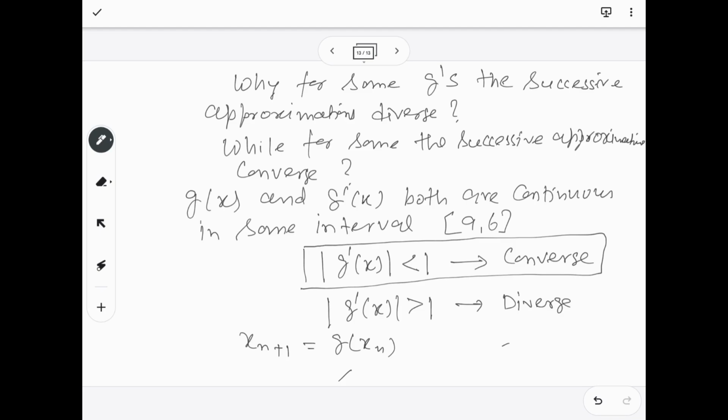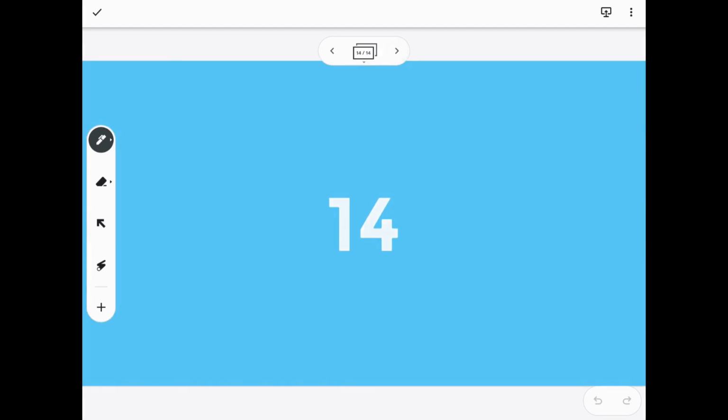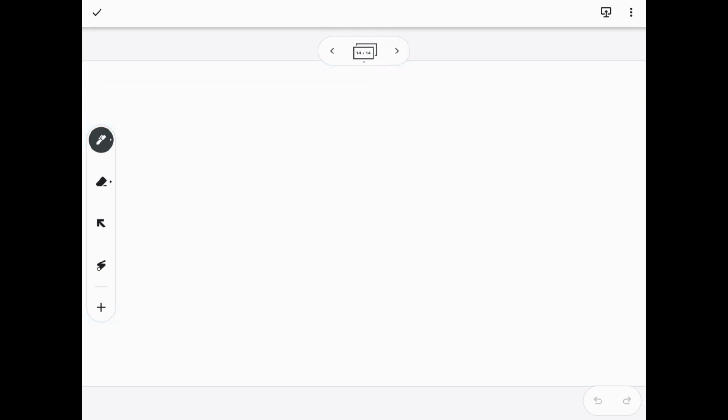Let us see this with our example. So for the same equation, for different forms of x equal to g, I take the derivative.